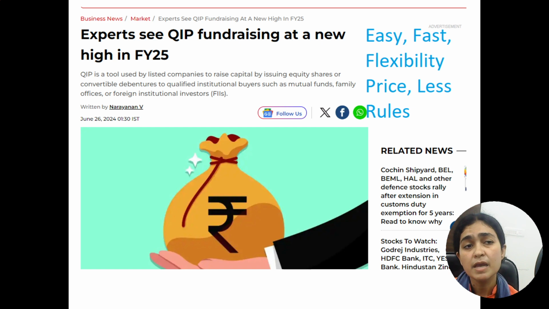It says that experts see QIP fundraising at a new high in FY25, and the major reasons written in the article are that when you go for QIP fundraising, it's easy, fast, flexible, the price is comparatively efficient, and compared to a normal public issue, it has fewer rules and regulations.